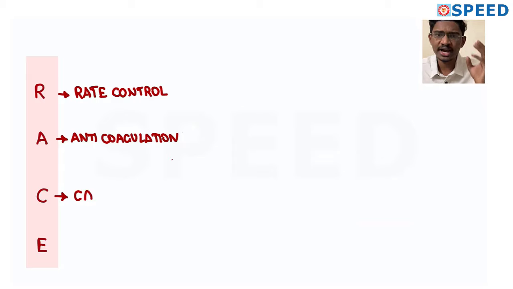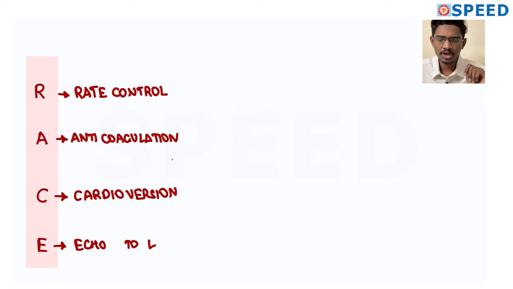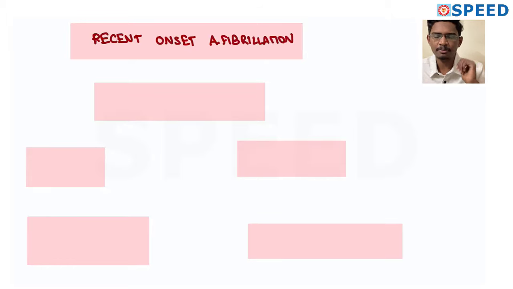And in any prosthetic heart valve disease, studies have also not been done much, so there also you should go for warfarin. Remaining everywhere you can prefer dabigatran. C for cardioversion. Whenever you find an atrial fibrillation patient, you should first check the hemodynamic stability of the patient.